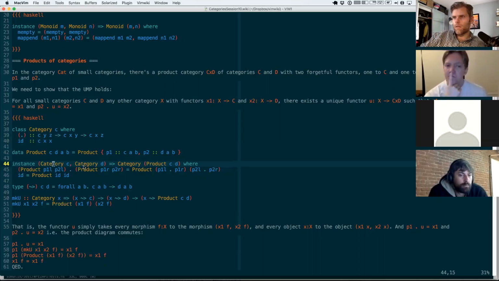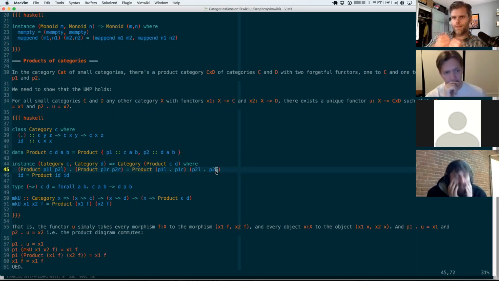So then for the product of these two categories, C and D, we can come up with a category for the product of C and D, where the composition of the two arrows in the product is just the product of the composition of the two sides, right?